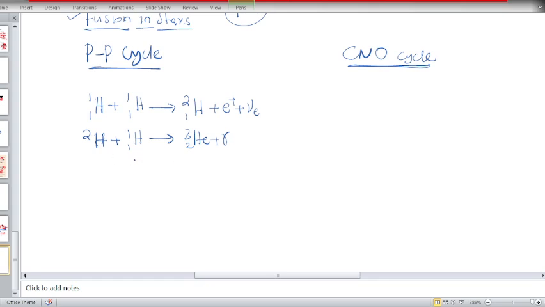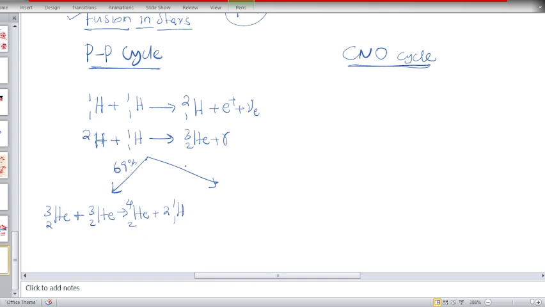And after this interaction, 69 percent of the time, this particular interaction will happen: this helium 3 combines with another helium 3 nucleus to form helium 4 plus 2 protons.